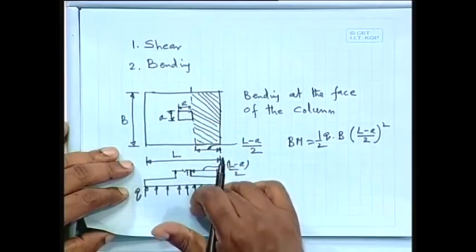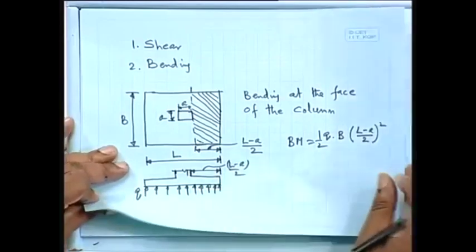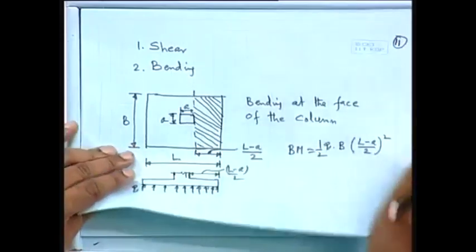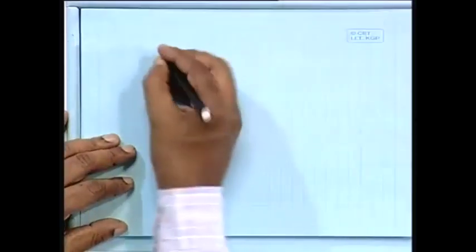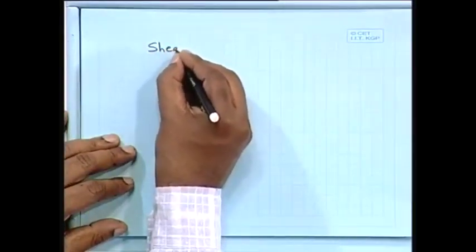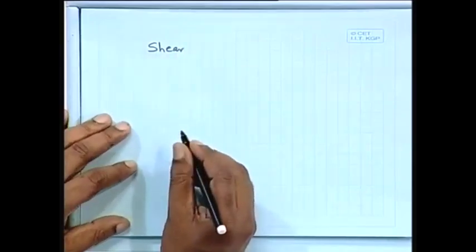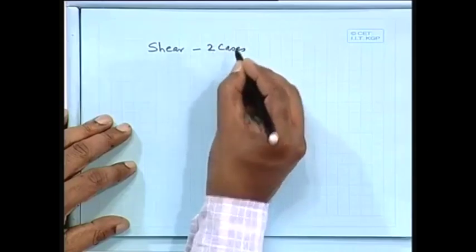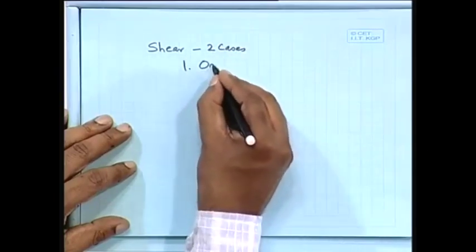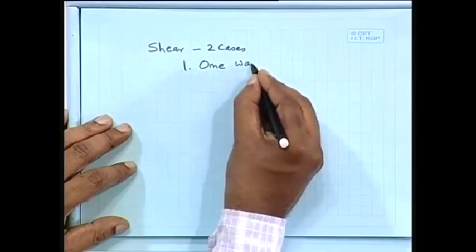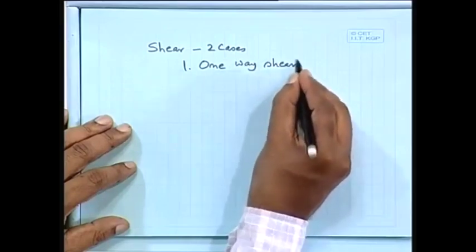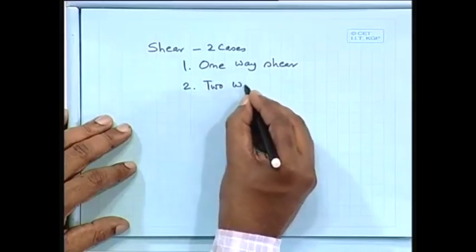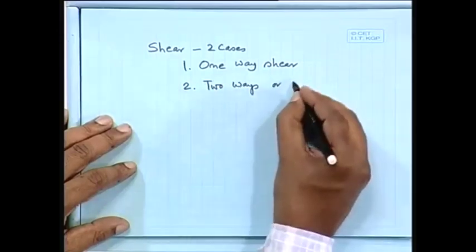Next we shall get the shear. Shear we have two cases. One we call one way shear, the other one is called two way or punching shear.